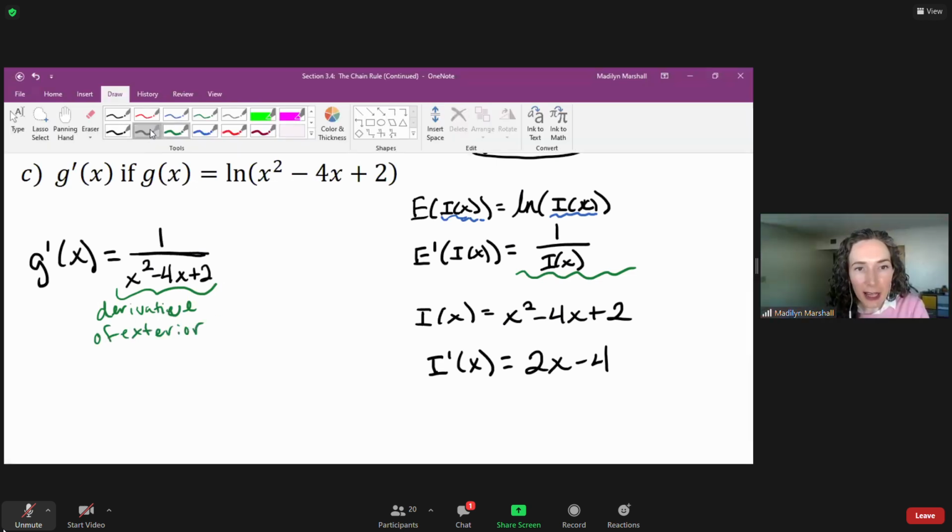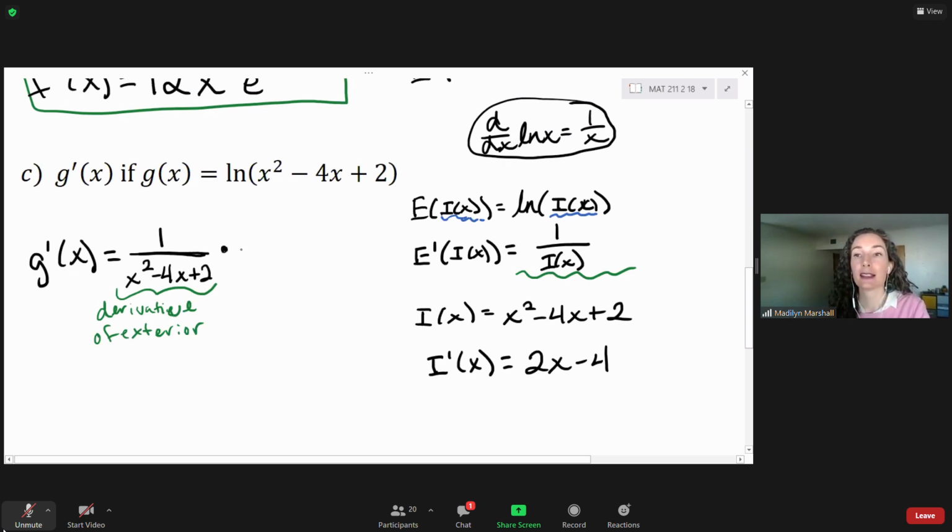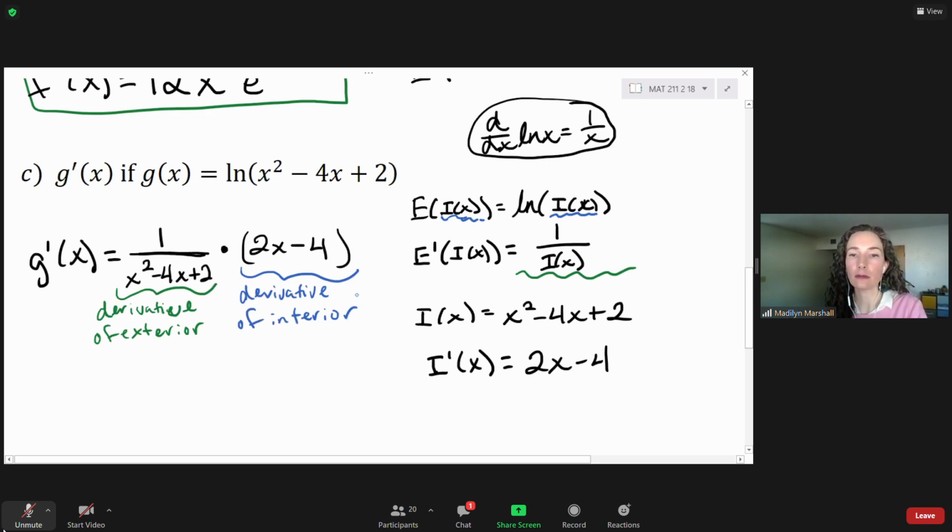And then we're multiplying with I prime, which is what we just found, 2x minus 4. So far, this is our chain rule, all of our parts together, derivative of the exterior times the derivative of the interior.